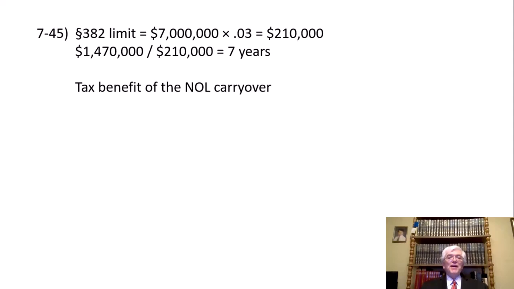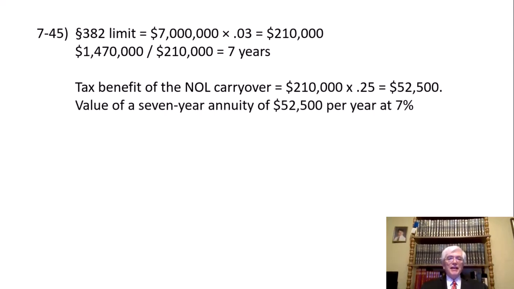The tax benefit of that NOL carryover, federal and state, 210,000 times 25% is 52.5. So what you've got now is a 7-year annuity of 52,500. And they said that Zeta is earning 7% after-tax rate of return. The 7% discount rate, 7-year annuity, the annuity factor is 5.3893.